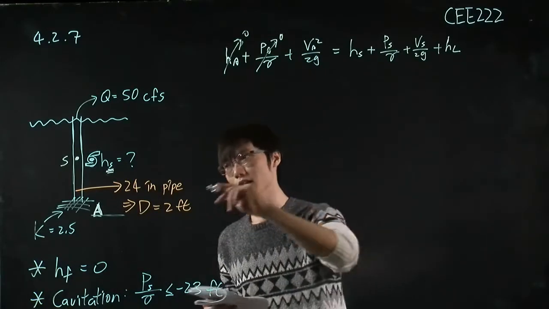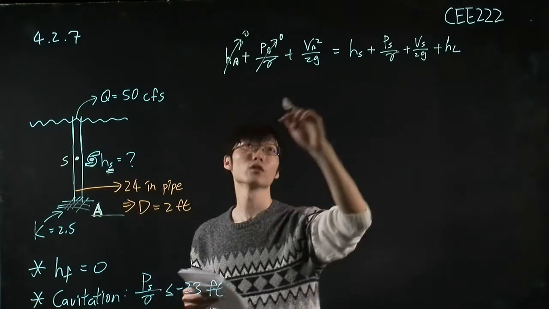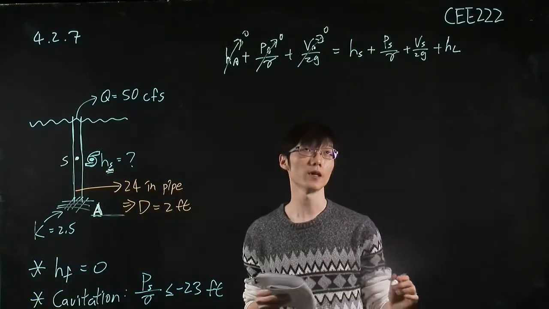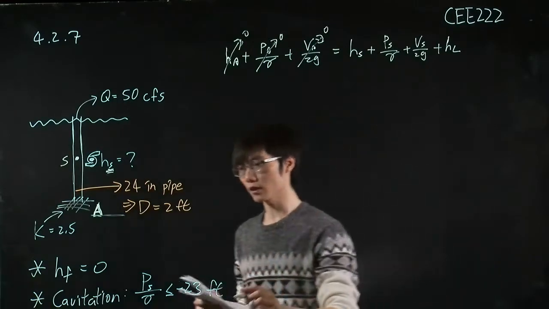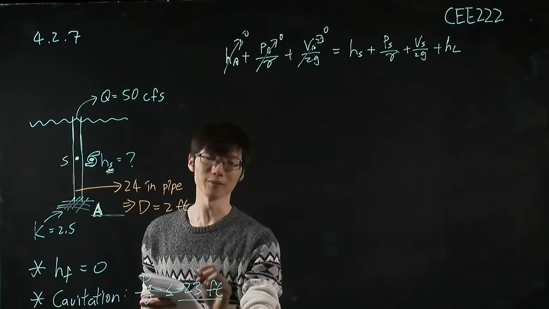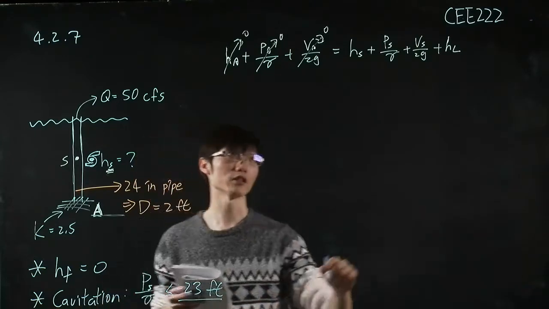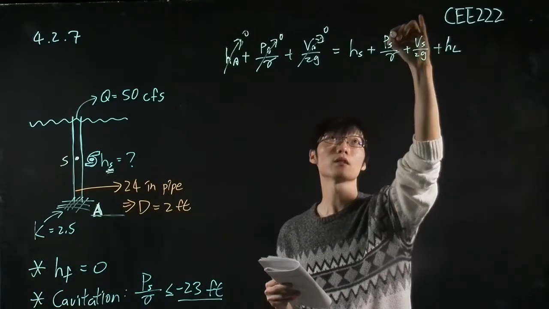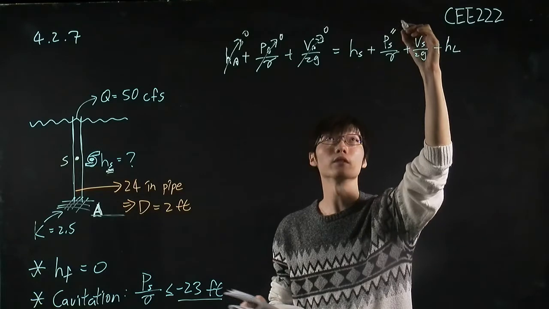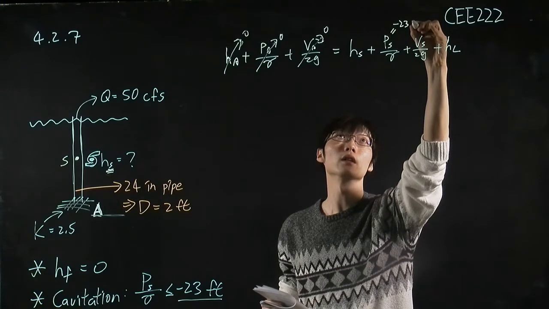And there is no velocity in this aquifer, so the velocity term is also equal to 0. Okay, and the problem already told us minus 32 and minus 23 feet is the criteria for the cavitation to happen. So we want to calculate the maximum height. Therefore, this term we will use 23 feet.